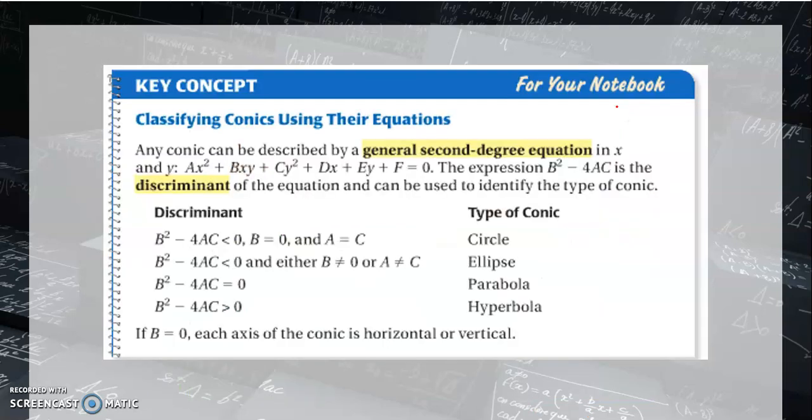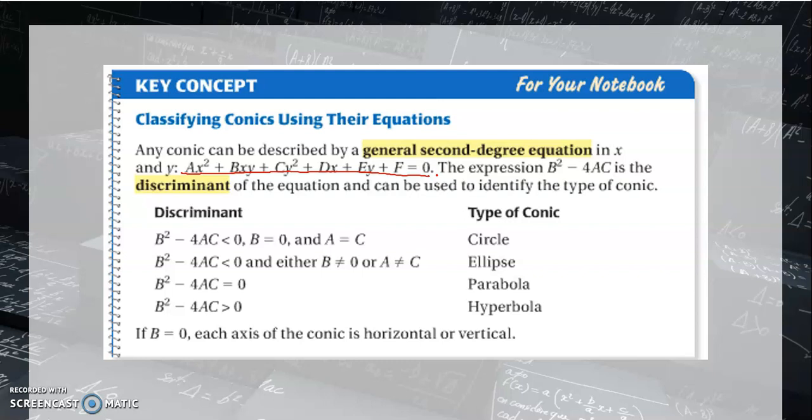Okay. Let's proceed with classifying conics using their equations. Any conic can be described by a general second degree equation in x and y. The general equation would be ax squared plus bxy plus cy squared plus dx plus ey plus f is equal to 0.